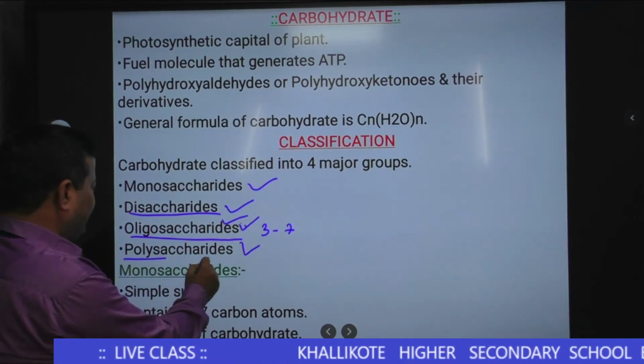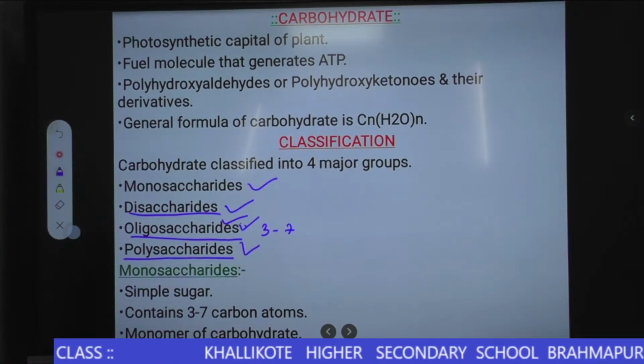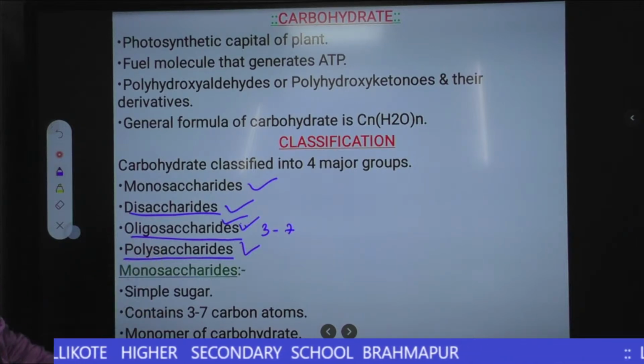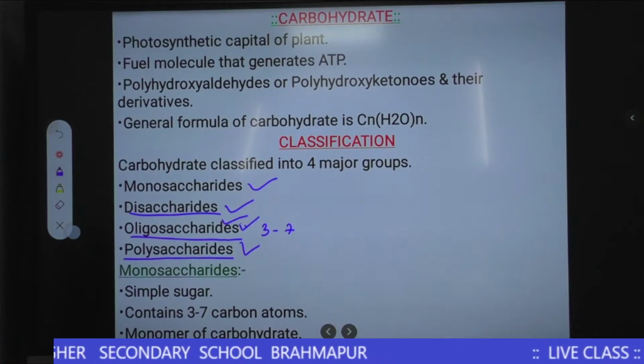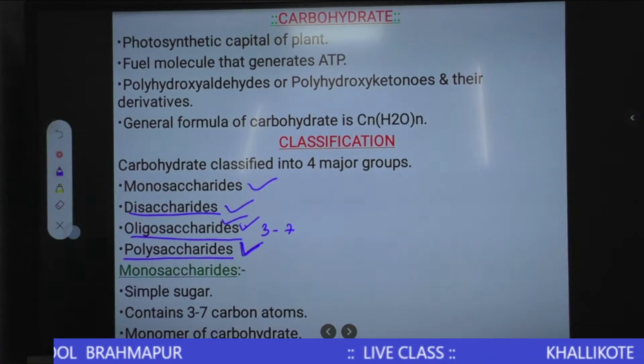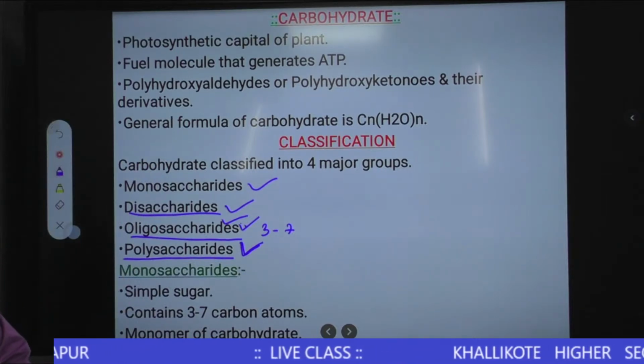Then polysaccharide, when more than 10 sugar residues are combined by glycosidic bonds.